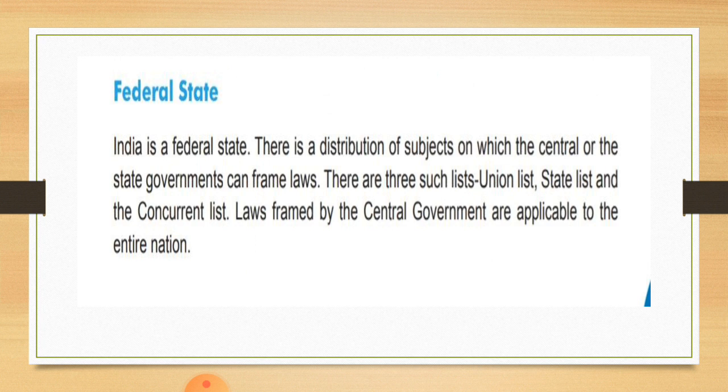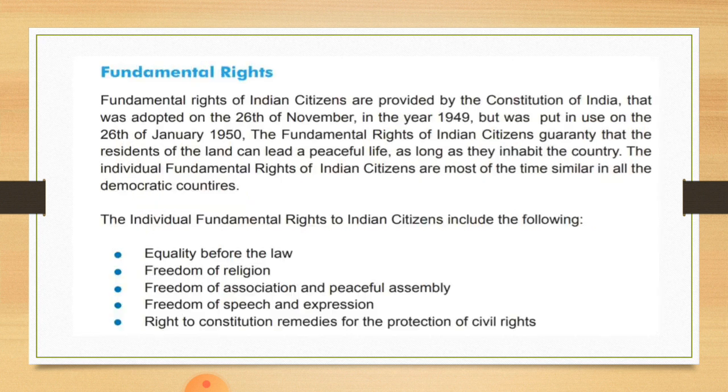There are three such lists: the union list, state list, and concurrent list. The laws framed by the central government are applicable to the entire nation.